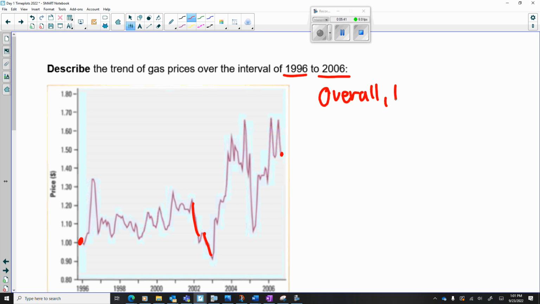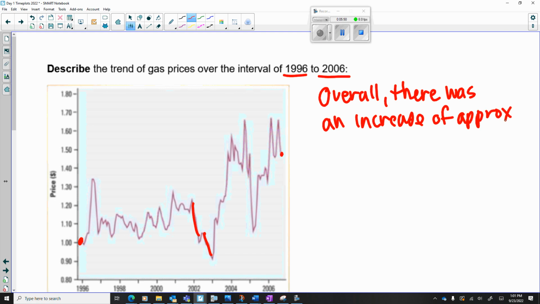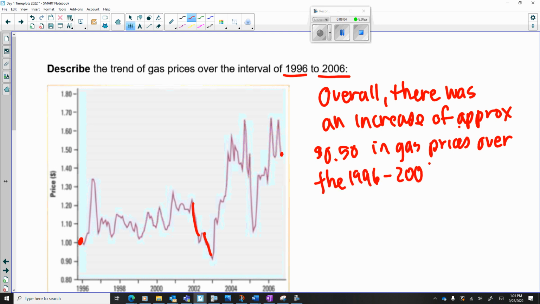Overall, there was an increase of approximately 50 cents in gas prices over the 10-year period, with some drops in the intervals.